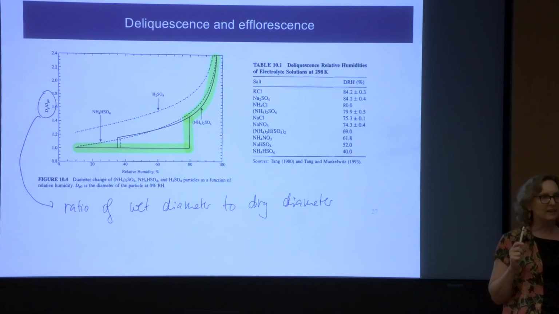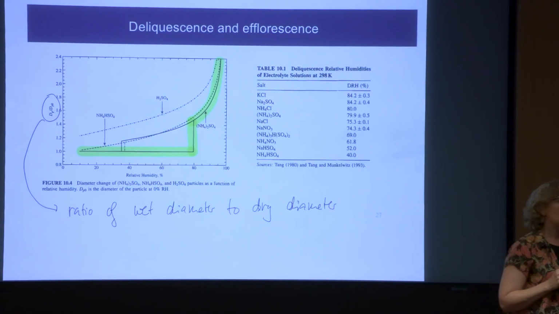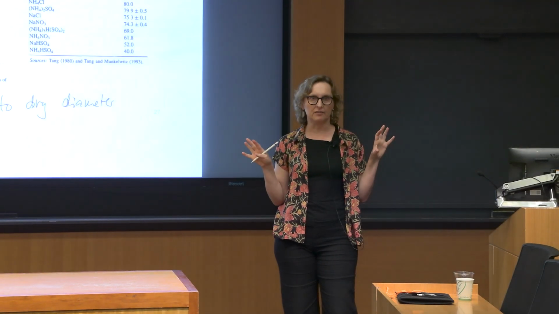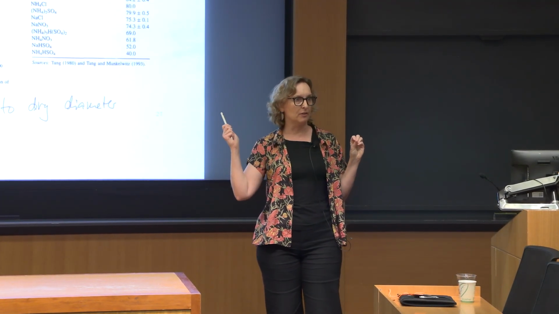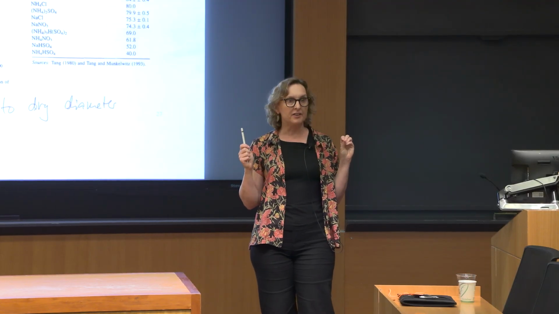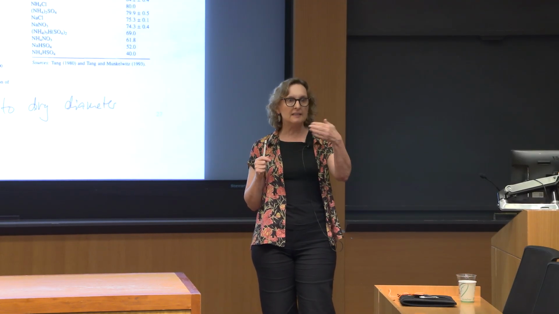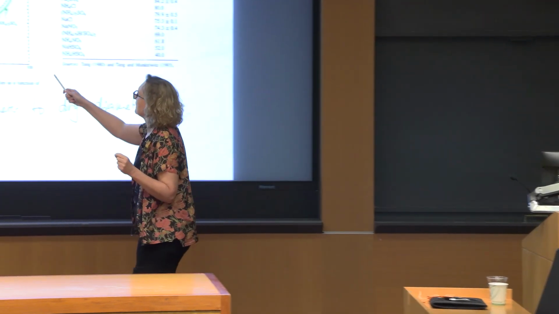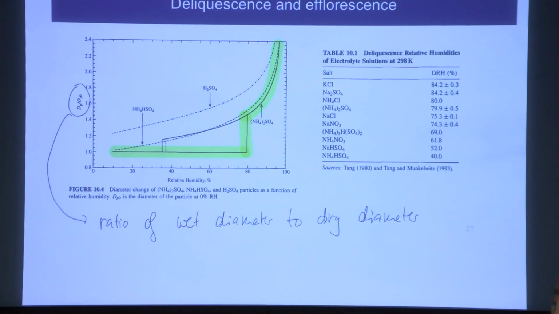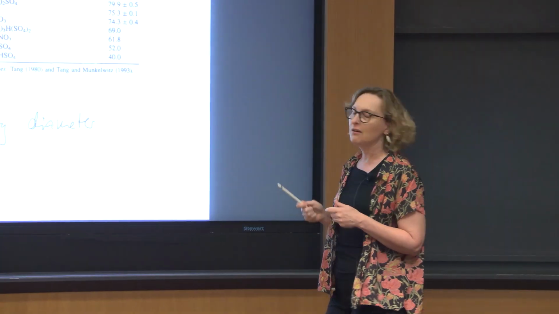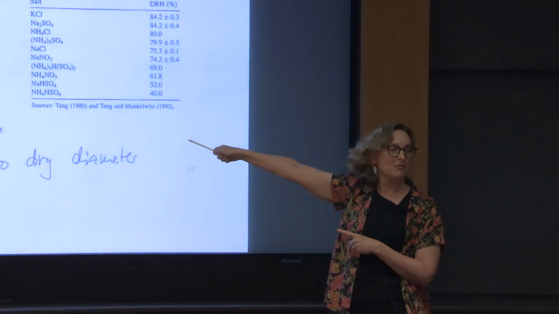And so you probably have seen the evidence of this when you have a humid day and you see hazy conditions, right? So that's aerosol particles that have taken up a lot of water and they scatter radiation very efficiently. And so you see this visually as a haze, versus when the particles are dry, they are really small, right? And so they don't scatter radiation that efficiently, so you don't see it as this hazy conditions. So now, next time you see hazy conditions, you remember that, okay?